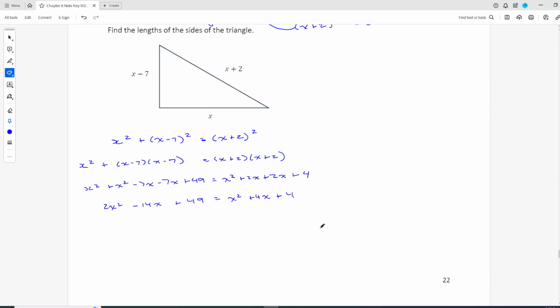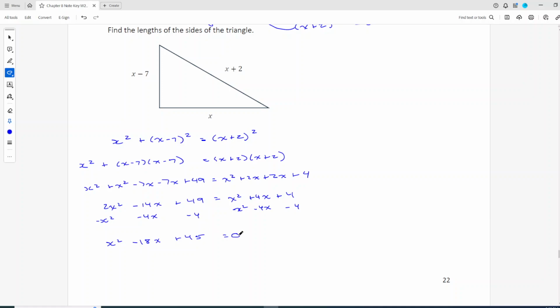Then no matter which method I'm going to use, I'm going to put everything to one side. So I'm going to minus the x squared. I'm going to minus the 4x. And I'm going to minus the 4. That'll leave me with x squared minus 18x plus 45 is equal to 0.